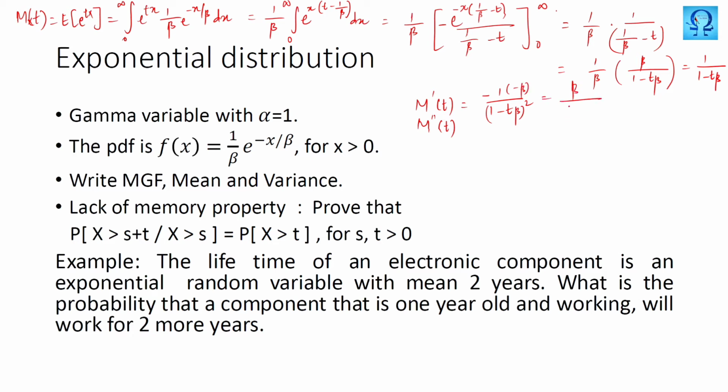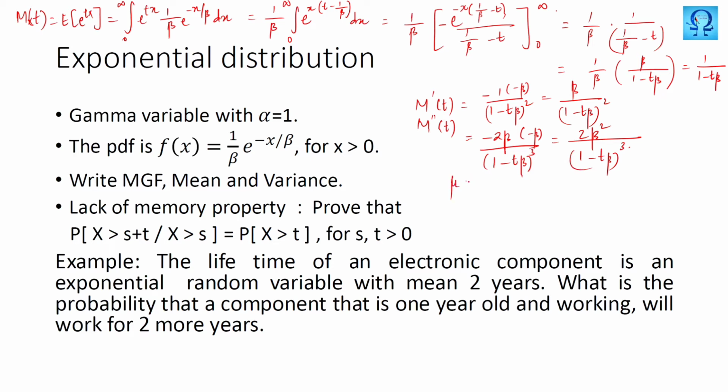So it is beta upon 1 minus t beta whole square. And the second derivative is minus 2 beta upon 1 minus t beta whole cube, product with minus beta, so it is simply 2 beta square upon 1 minus t beta whole cube.